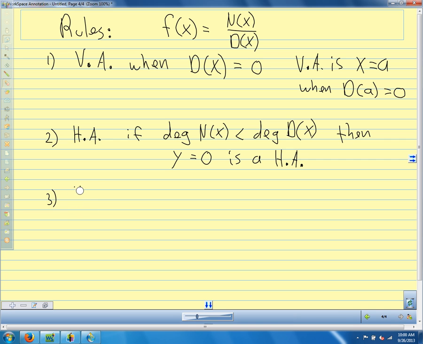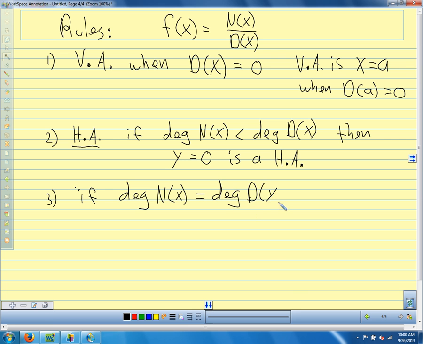For our second one, and that second one is for horizontal asymptote also, if the degree of the numerator and the denominator are the same, then our line is y equals, and I'm going to write it out in words, the ratio of the leading coefficients.